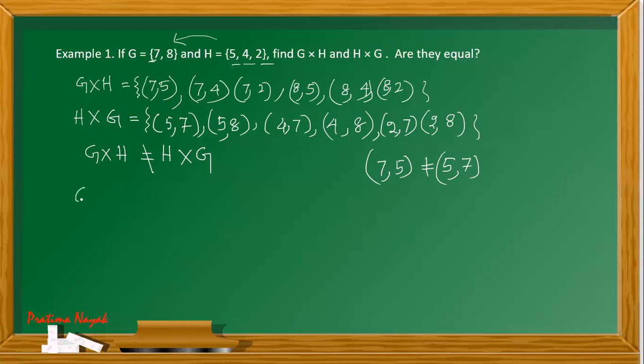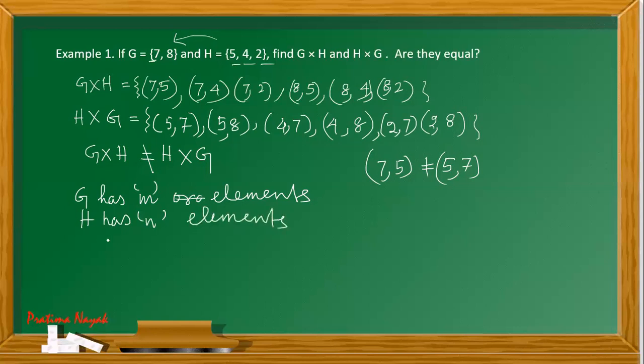When G has m number of elements, and H has n number of elements, then G cross H, the Cartesian product of G and H, has m into n number of ordered pairs.